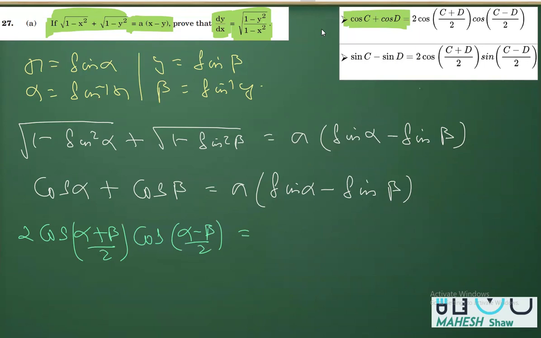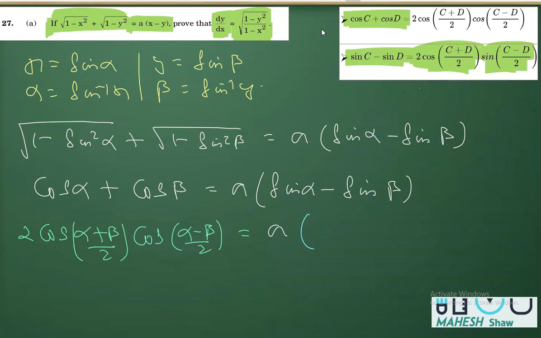On the right-hand side also, I'm going to apply C and D again, and for this the identity will be sine C minus sine D, which is 2 cos C plus D by 2 times sine C minus D by 2.